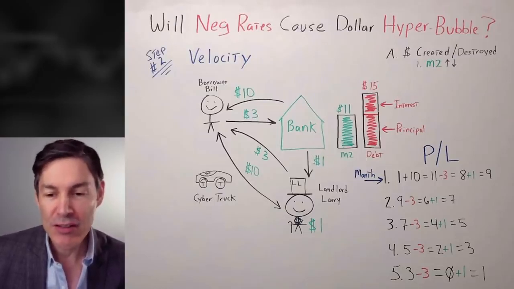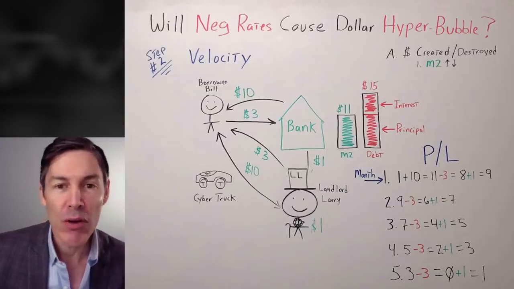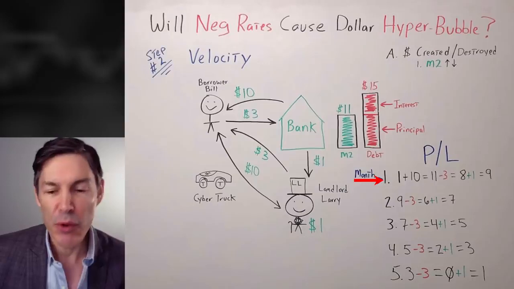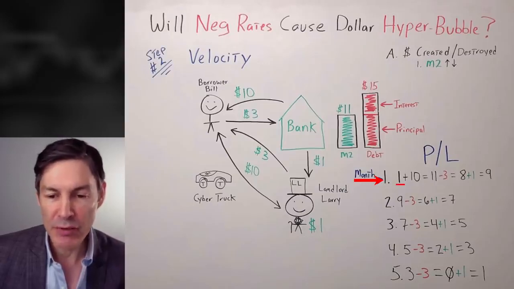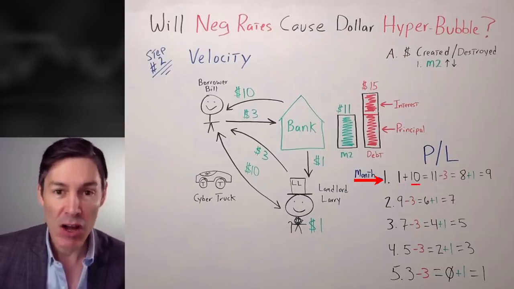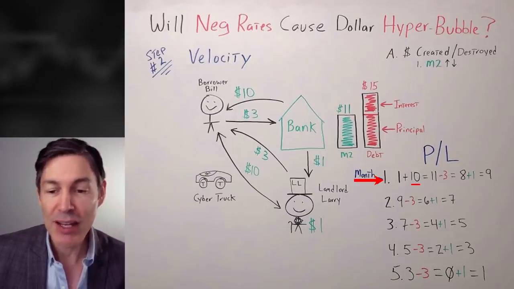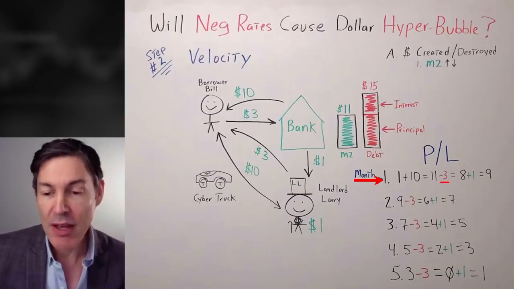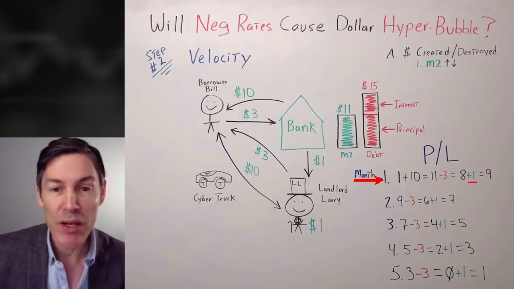So let's look to see what happens to Landlord Larry's profit and loss. Well, month 1, he starts off with a $1 bill in his pocket. He gets $10 from Borrower Bill, so he's got $11 total, but he's got to pay Borrower Bill $3. So he's got $8. He gets $1 in rent, so he has $9 total.